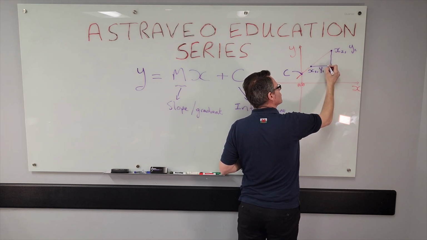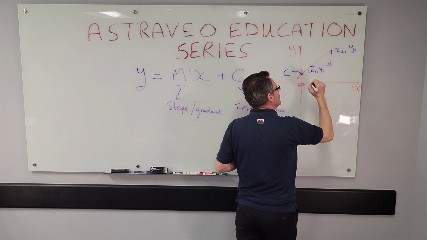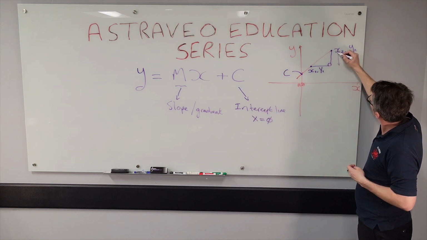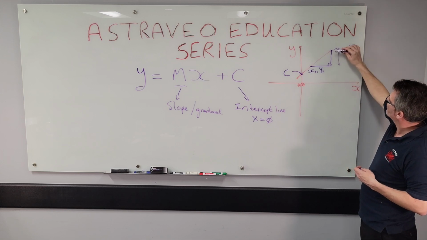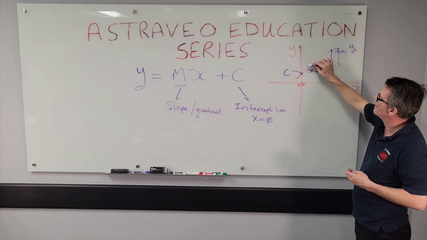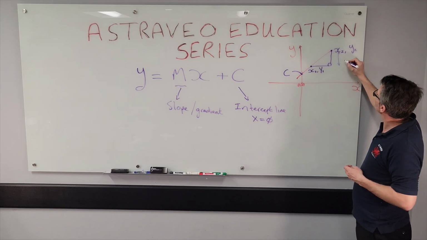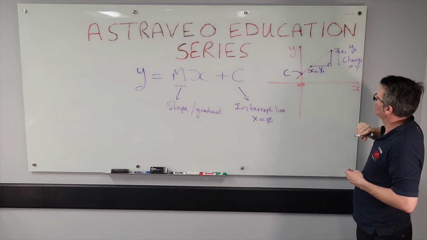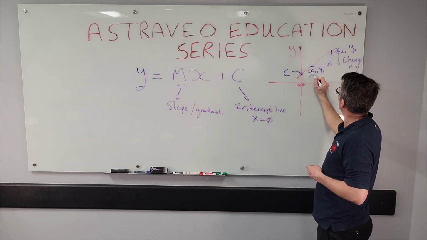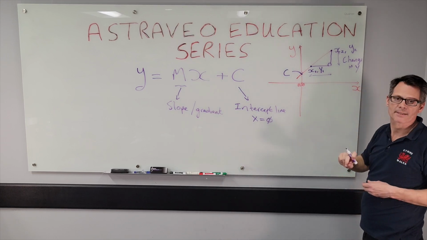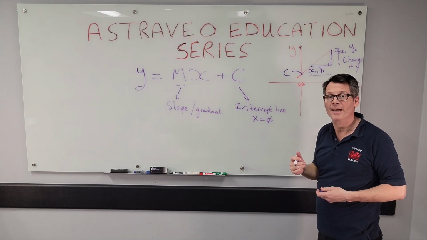You can make a right angle triangle if you wish, right there. Now, this distance is the change in y from this data point to this one. This is the difference from here to here on the y-axis. So here we can call this the change in y. Now the same is true for this distance, except this time it's moving along the x-axis, so we can call it the change in x.